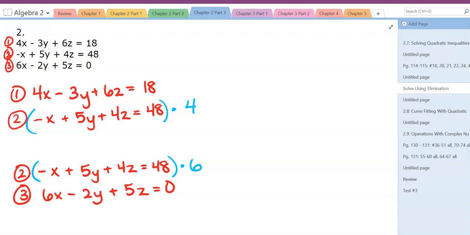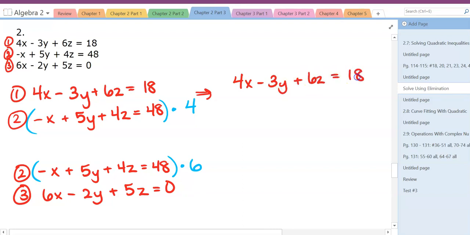Okay, so let's rewrite these now. Again, don't do anything to that first equation, so it's still going to say 4x minus 3y plus 6z equals 18. If you rewrite the second equation, it should now say negative 4x plus 20y plus 16z equals 192.